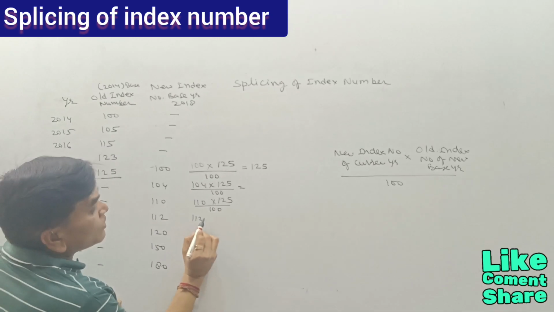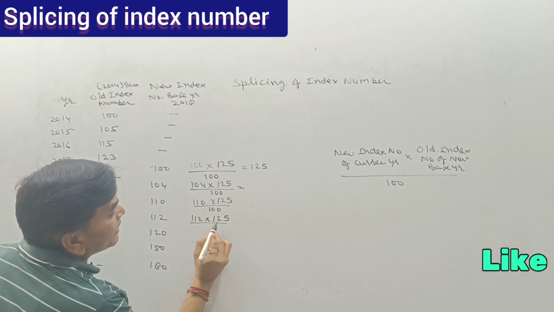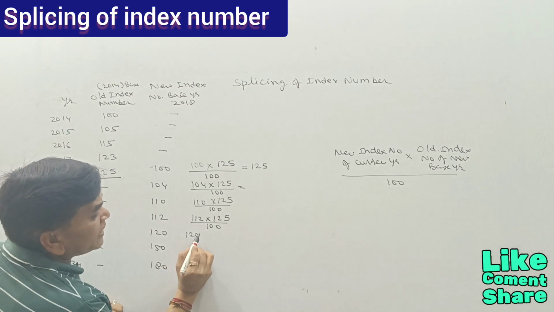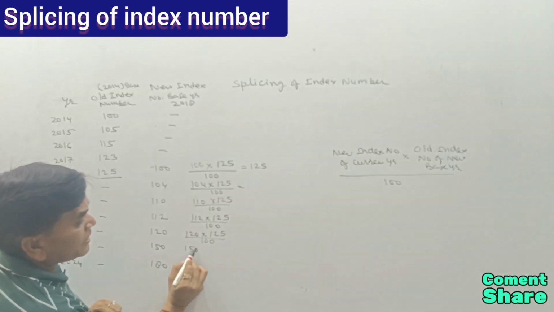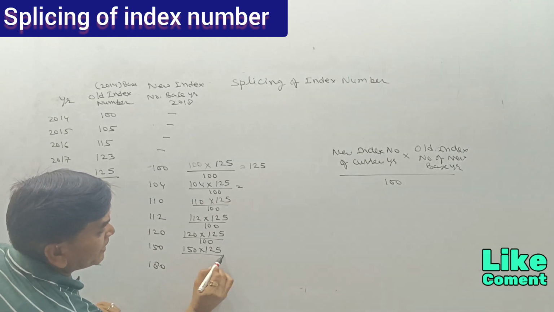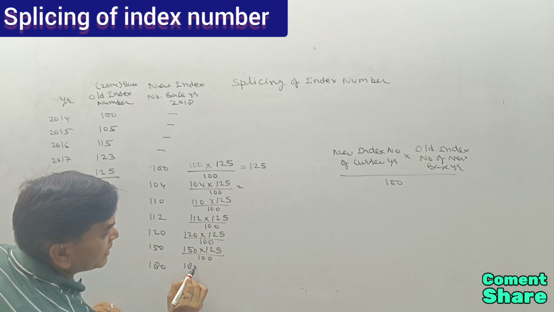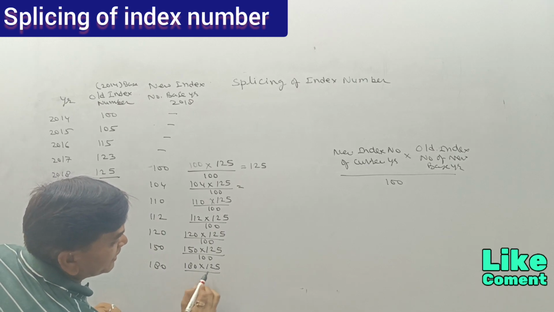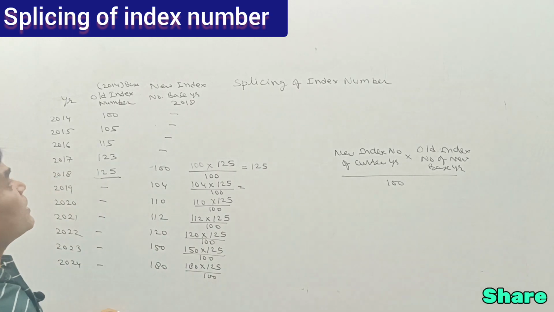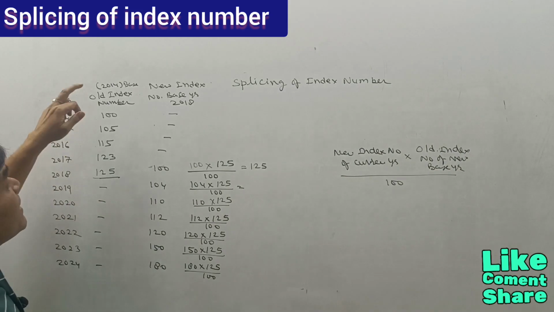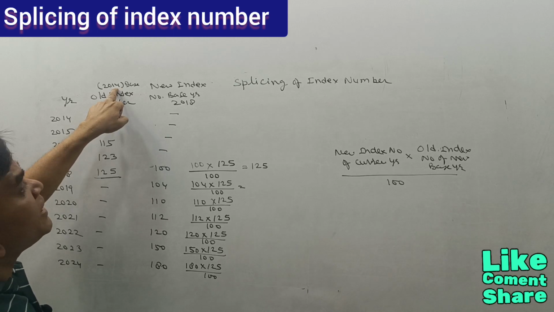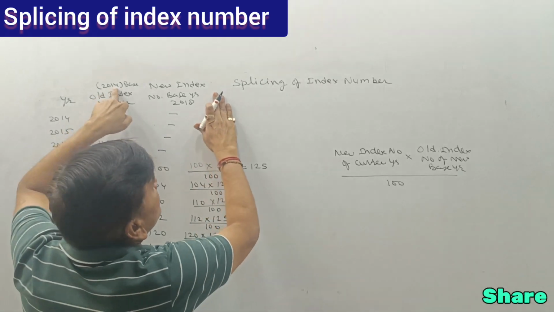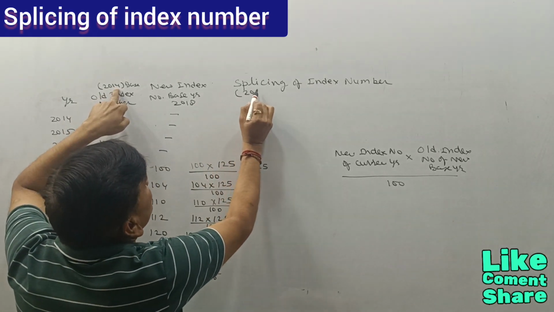Again 112 multiplied by 125 divided by 100, 120 multiplied by 125 divided by 100, 150 multiplied by 125 divided by 100, and 180 multiplied by 125 divided by 100. So what we are doing is changing all index numbers into the 2014 base. So the new index series will be the spliced series on 2014.